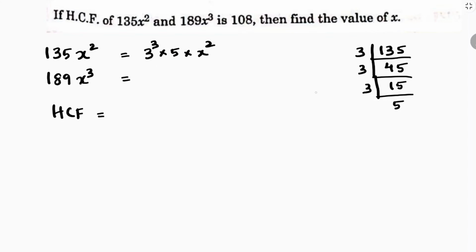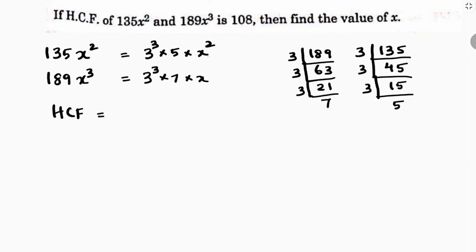Now 189: 3 times 63, 3 times 21, 3 times 7. So it is 3 cube into 7 into x cube.